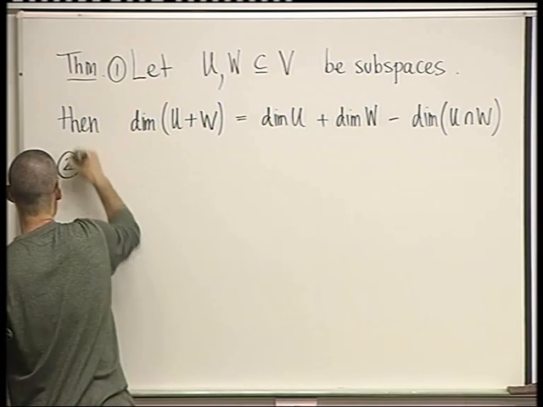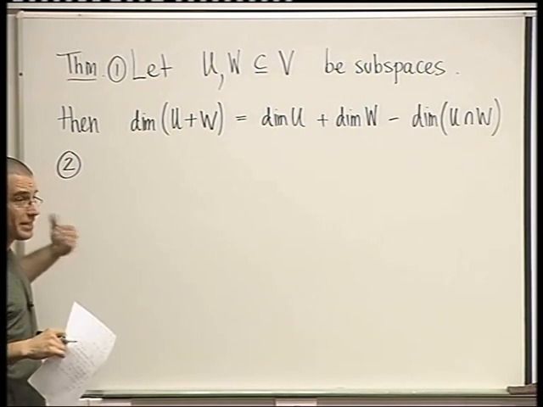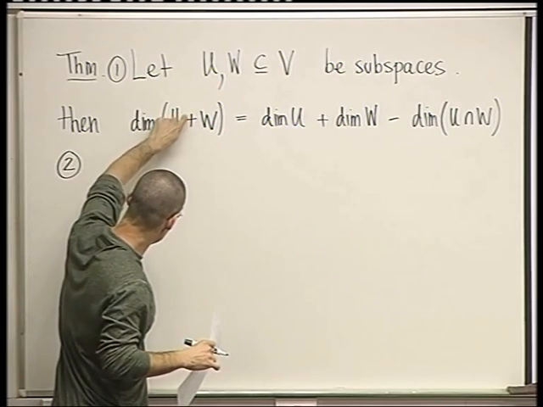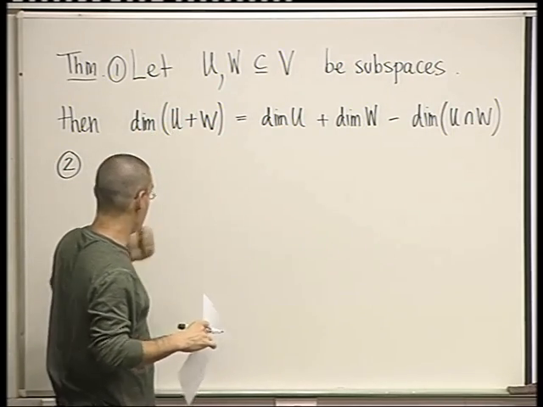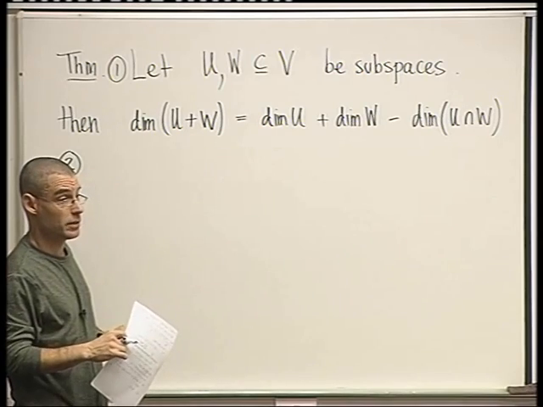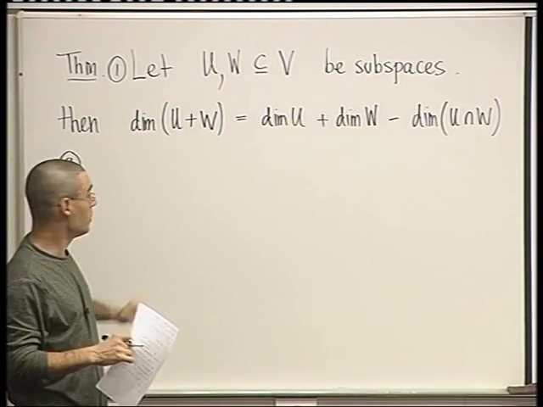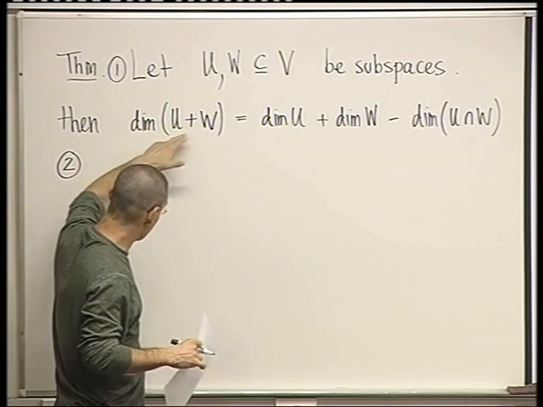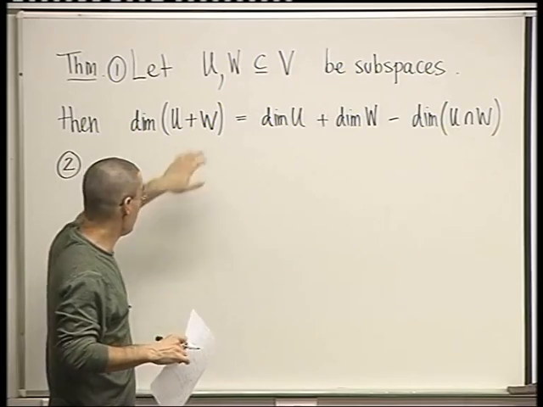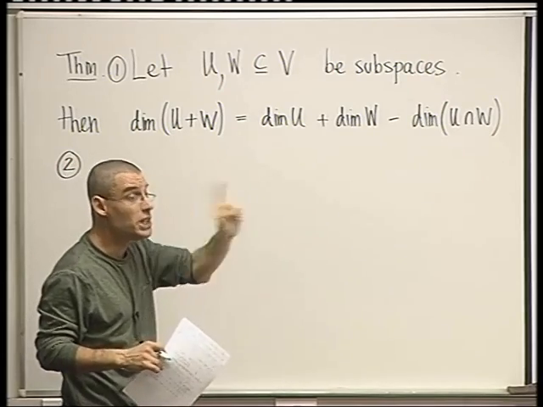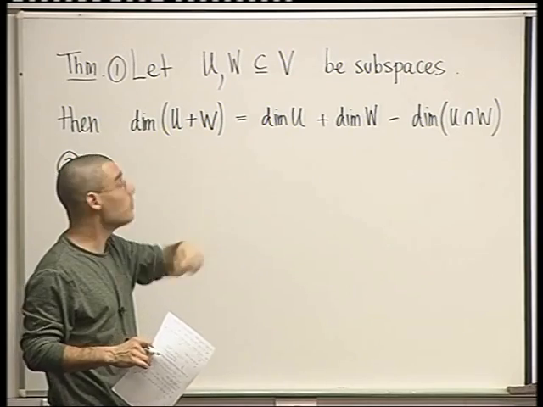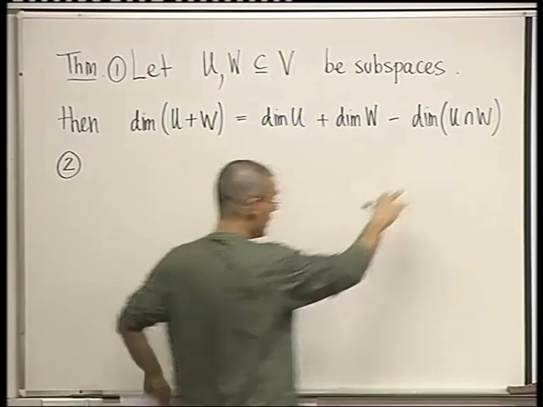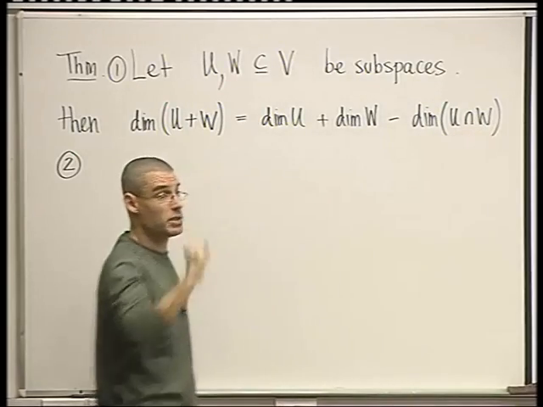And part 2. Remember we had the notion of a direct sum? A direct sum of spaces, which we denoted with a circle around the plus, was the situation where there was no intersection. By definition, a direct sum was a sum where each vector can be written in only a unique way. Remember that? And then we had a theorem that a sum is a direct sum if and only if there's nobody in the intersection except the zero vector.